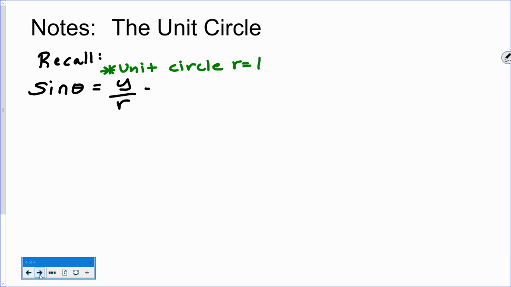So if I'm talking about the unit circle, sine of theta is just y. So cosine of theta was x over r. But if r equals 1, I'm just going to use x for cosine.